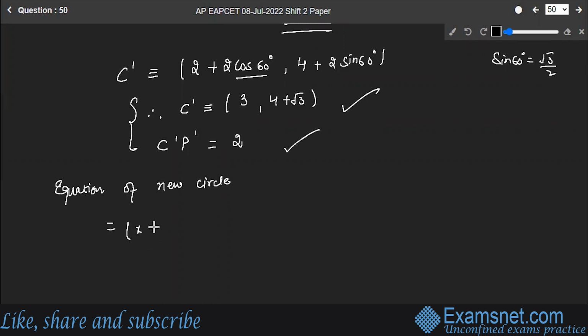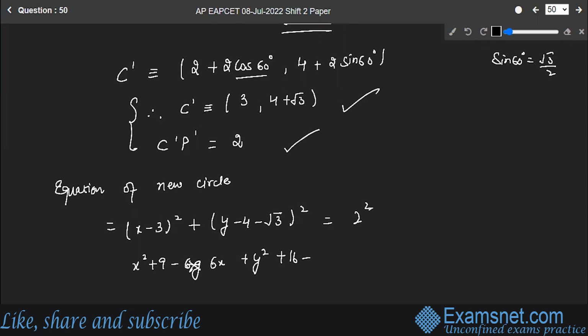It is given by (x minus 3) square plus (y minus 4 minus root 3) square is equal to 2 square. Which on, let's open it up, x square plus 9 minus 6x, plus y square. Then let's open this, plus y square, and this is going to be a bit lengthy one. Plus 16 plus 3.